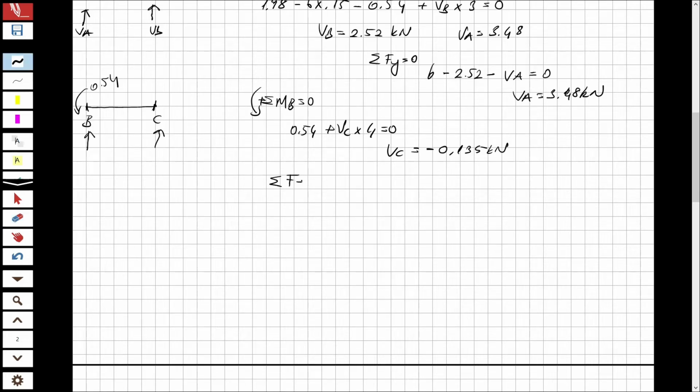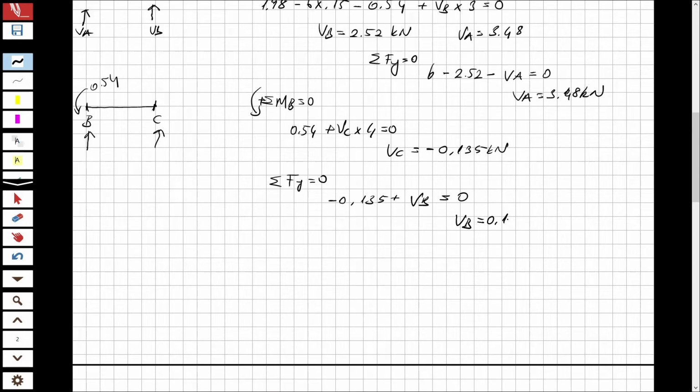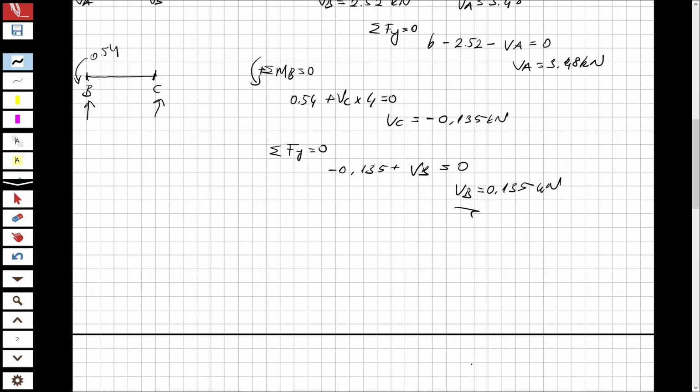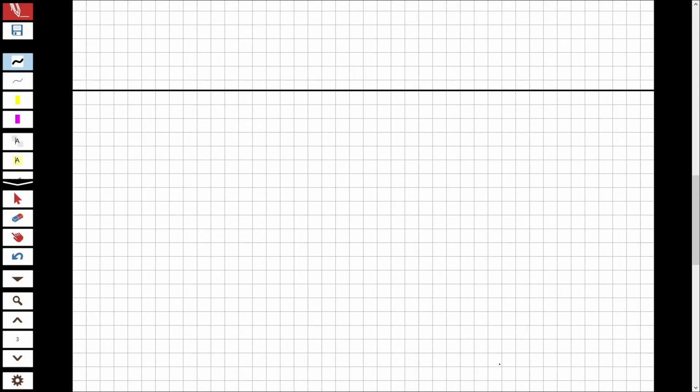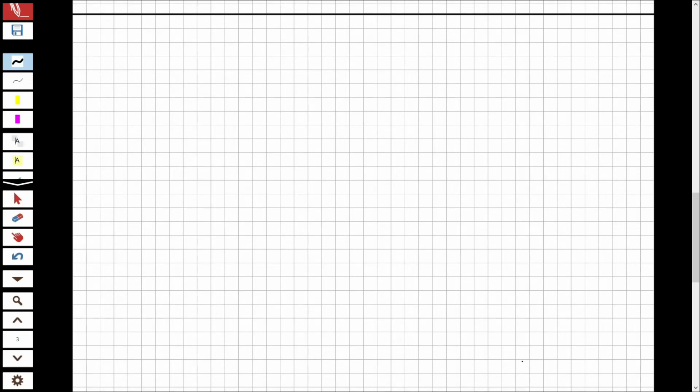So total Fy is equal to 0, minus 0.135 plus VB equal to 0. So VB is equal to 0.135 kilonewton. Okay. Now I determine the shears. So let's draw the shear and the moment diagrams.